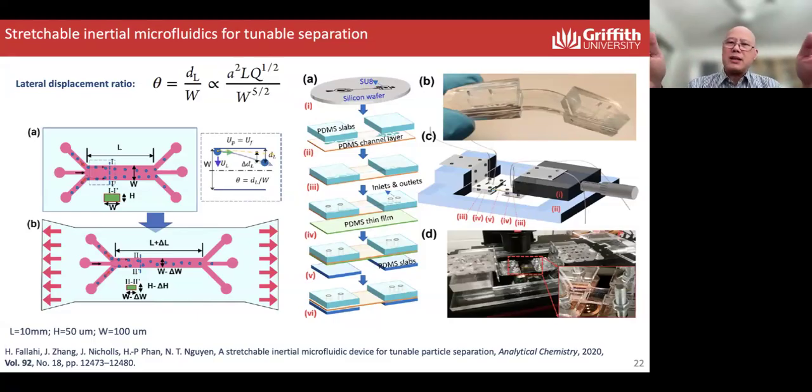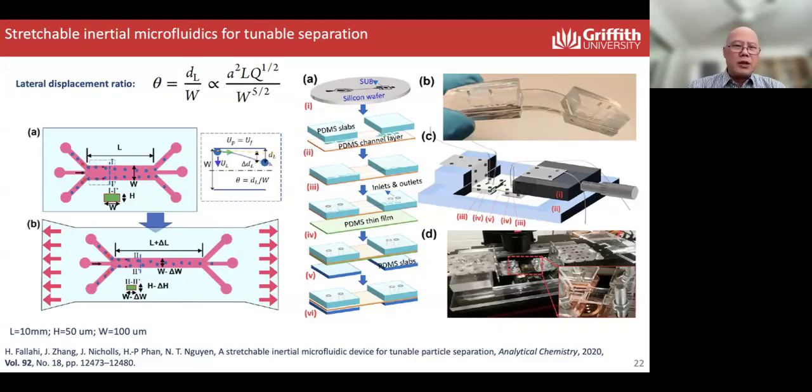So say 4% stretching of the overall device means you stretch by a few millimeters, but in the microscopic range of the features inside the device, you can tune it down to 1 or less micrometers. And that gives microfluidic devices now an opportunity to fine tune their properties.